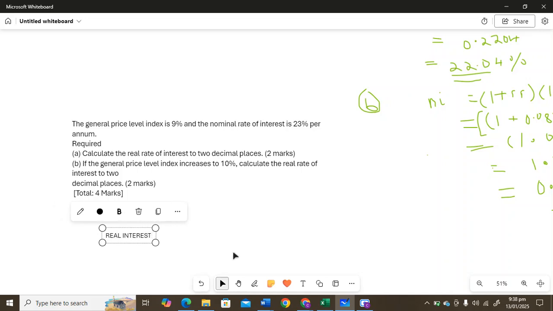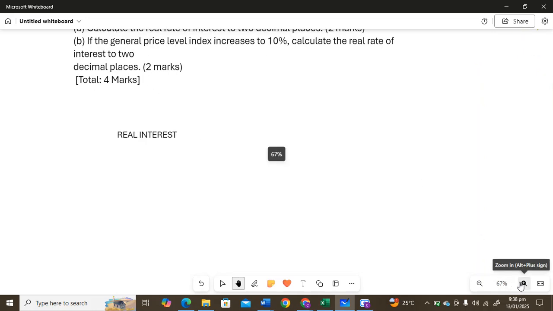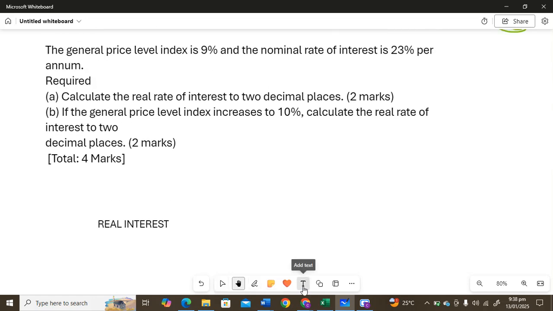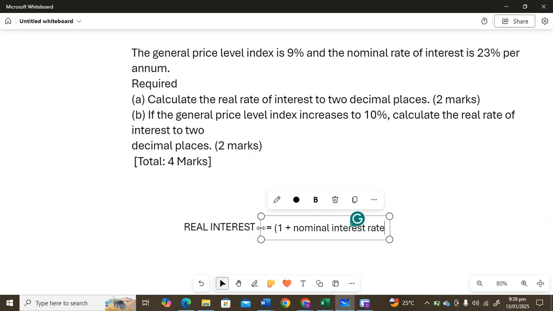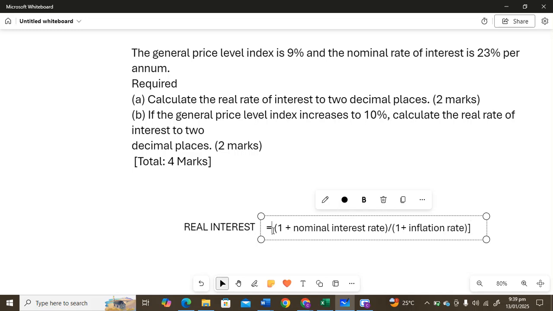Real interest rate equals 1 plus the nominal rate divided by 1 plus the inflation rate, all of this in brackets, and then you subtract from 1.